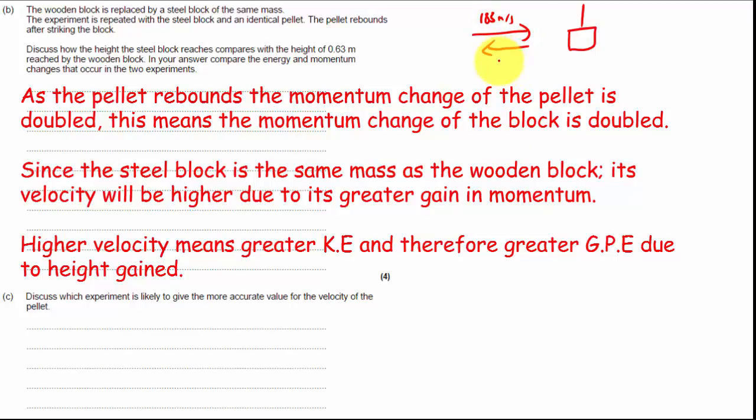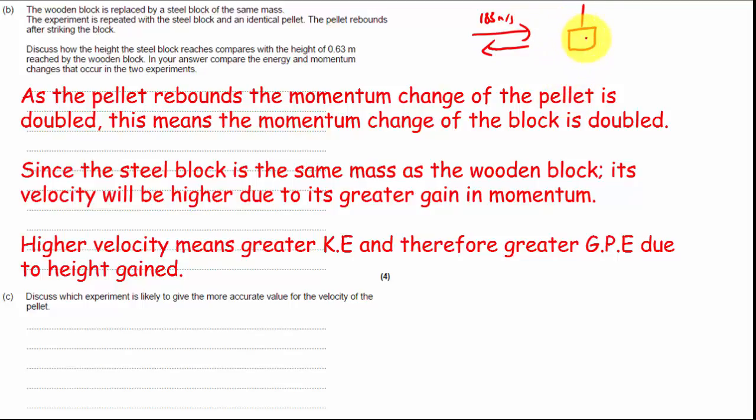And if you knew that it did leave at 183 meters per second, then you would know the change in momentum of the pellet and therefore the block. But because when the pellet strikes the block, it deforms and changes shape, and we don't know how much energy went into doing that, we don't know the rebound velocity of the pellet. Right? So some energy will be lost in deforming the pellet. This means that we can't know the change in momentum exactly of the pellet, and therefore not of the block.